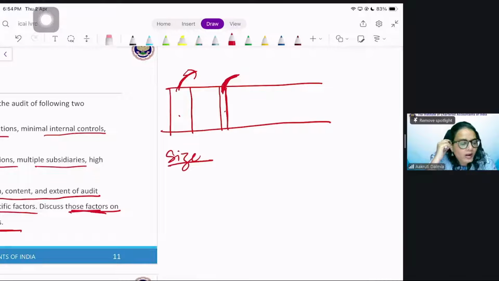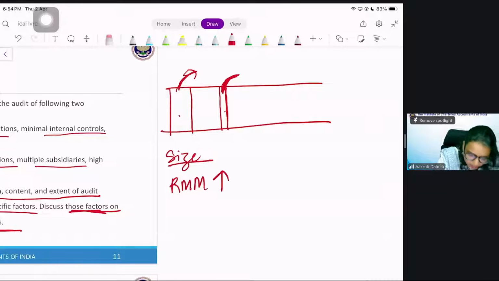Will size and complexity of the entity affect it? Can it be one of the factors? It's not necessarily the only factor. Can it be one of the factors? Yes, ma'am. If I identify risk of material misstatements, as many risks of material misstatements are identified, then tell me, would the file be thinner or thicker?